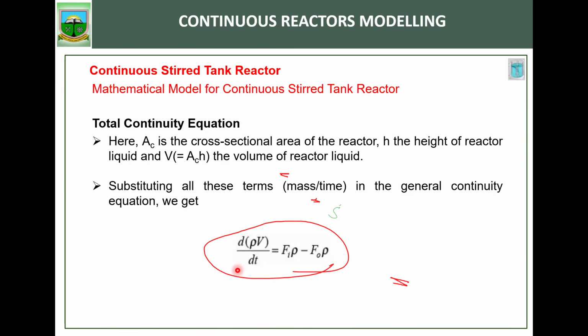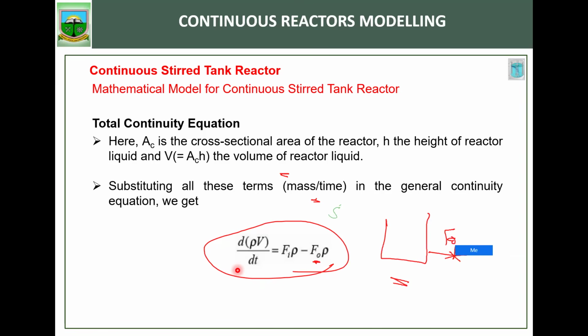In a CSTR, if you remember when we talked about variables, the output variable is sometimes also known as a manipulating variable. The output variable is usually controlled by the valve at the output end. Each valve has its own equation related to the output flow rate, because the amount we are flowing out is controlled by the valve. You have a valve here.